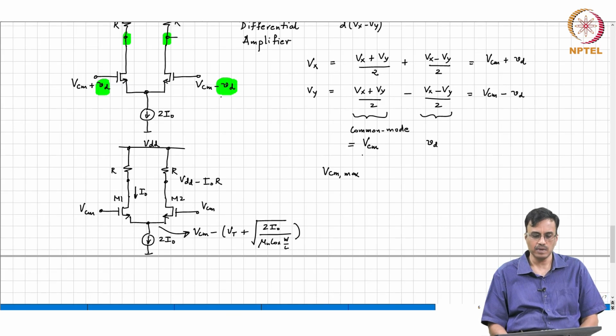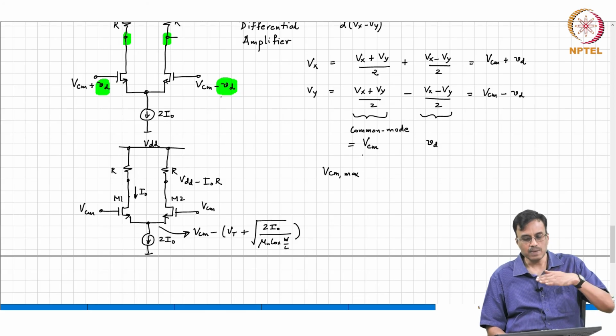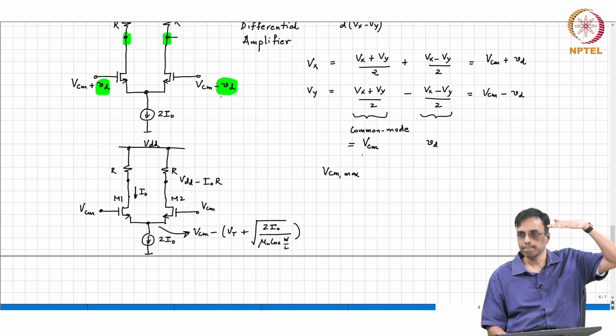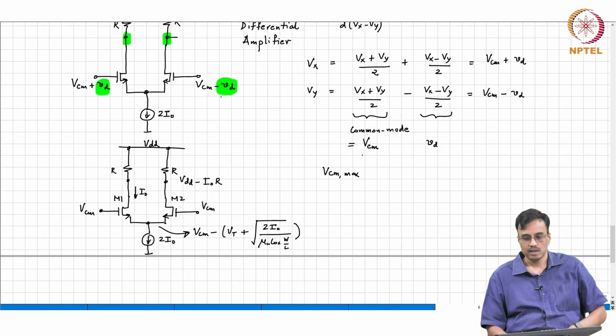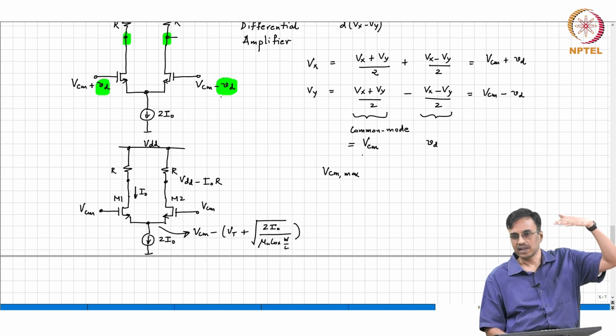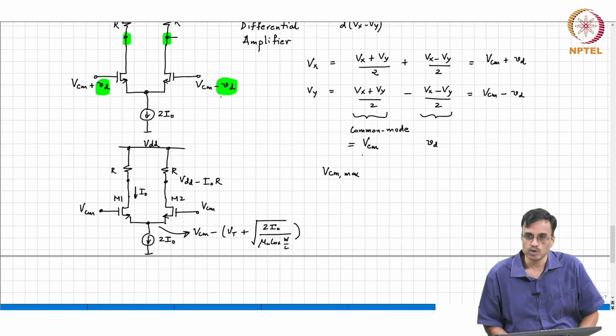So, obviously as you keep increasing VCM, are the transistors M1 and M2 going deeper into saturation or closer towards the triode region? Closer towards the triode region, because the drain potential is remaining constant, the gate potential is going on increasing. So, they are going closer and closer to the triode region.